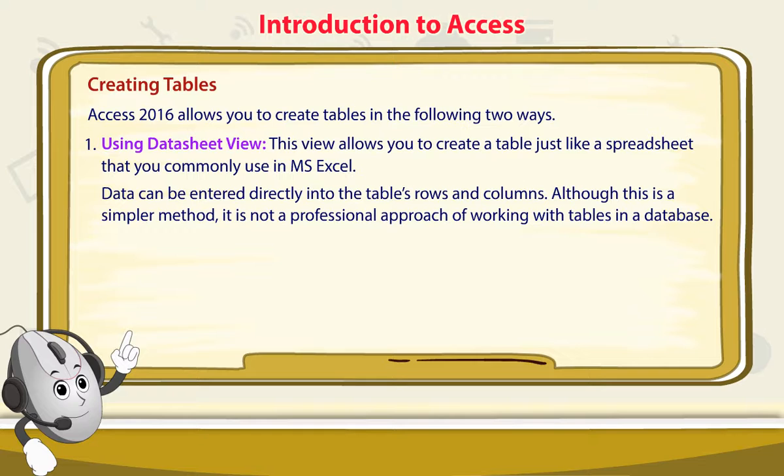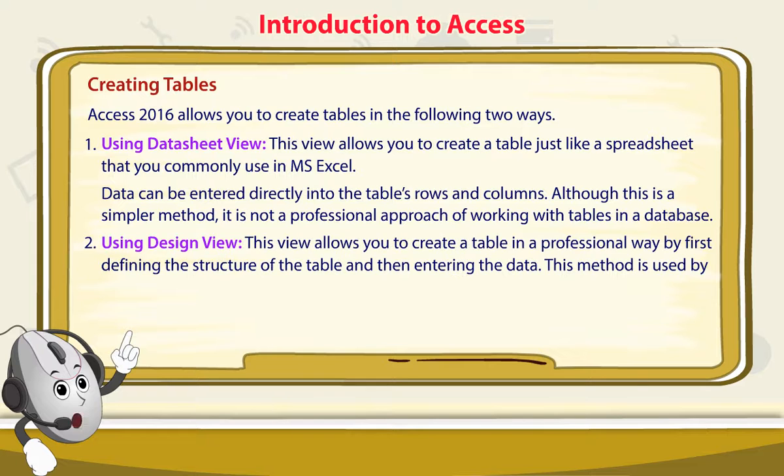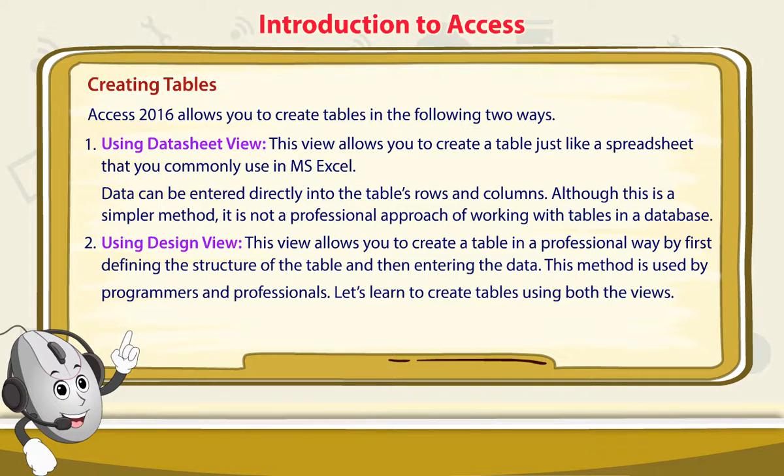Although this is a simpler method, it is not a professional approach of working with tables in a database. 2. Using Design view. This view allows you to create a table in a professional way by first defining the structure of the table and then entering the data. This method is used by programmers and professionals. Let's learn to create tables using both the views.